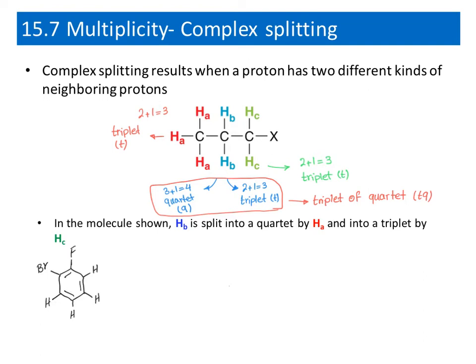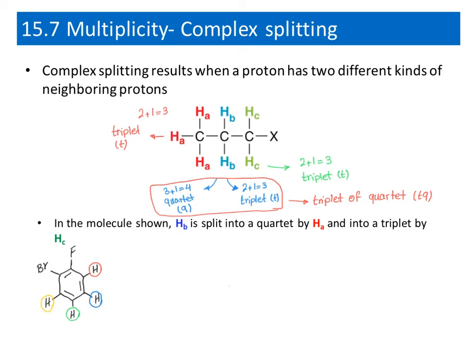So first of all, how many signals can we get from this structure? There is no plane of symmetry in this molecule. We should get 1, 2, 3, 4 signals. So all of these hydrogens are different from one another. So this one gives us 1, 2, 3, and 4 signals for this compound.